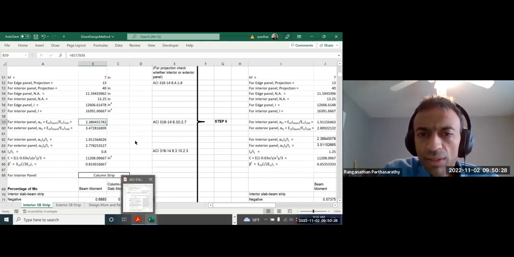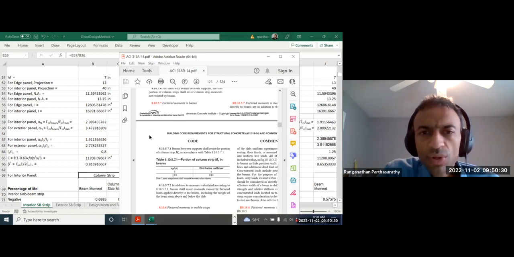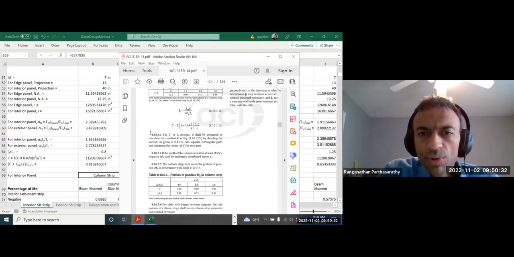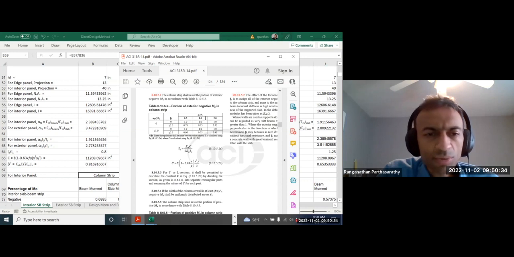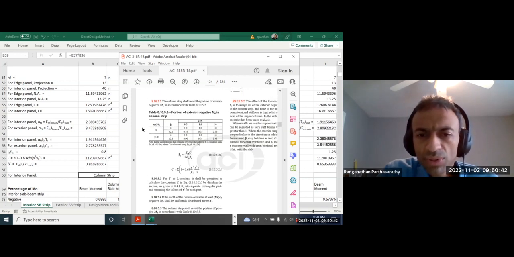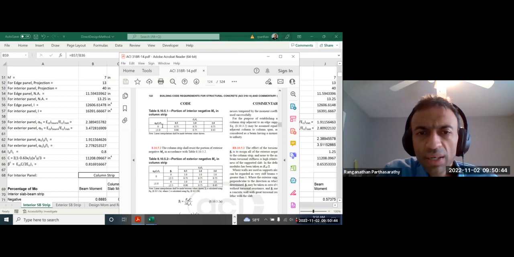From here, the portion of interior negative moment.